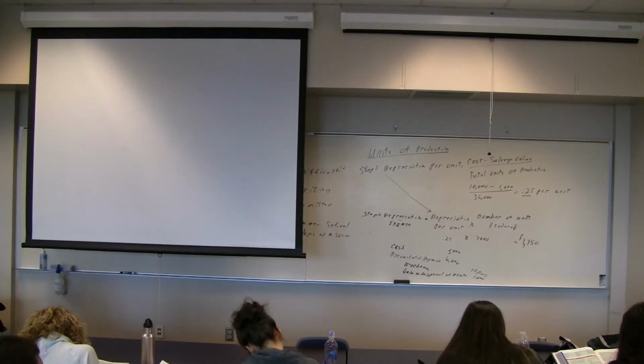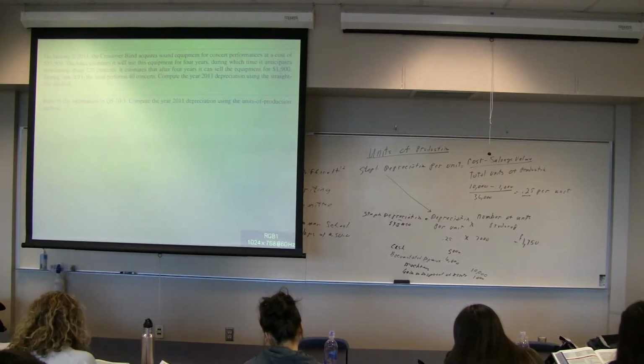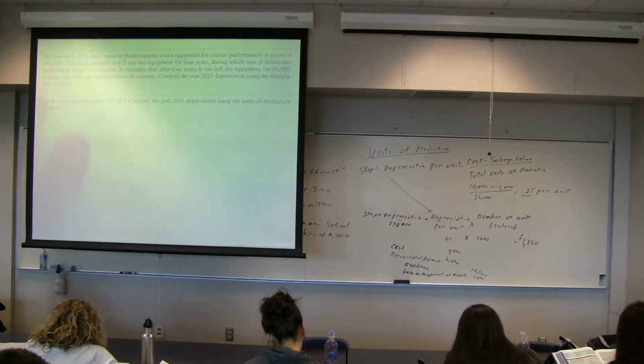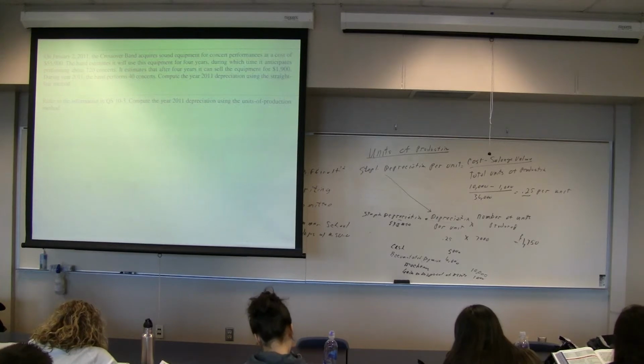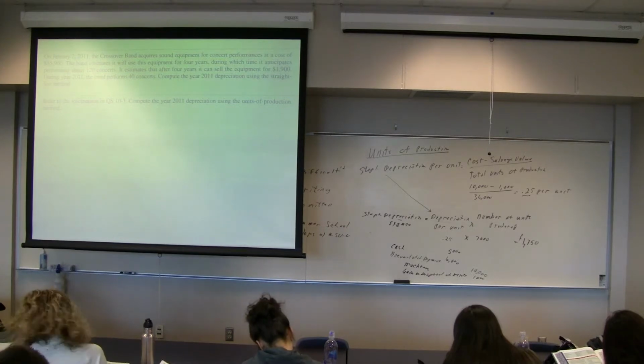Here's how it reads: refer to the information back in 10-3. Compute the 2011 depreciation using units of production.